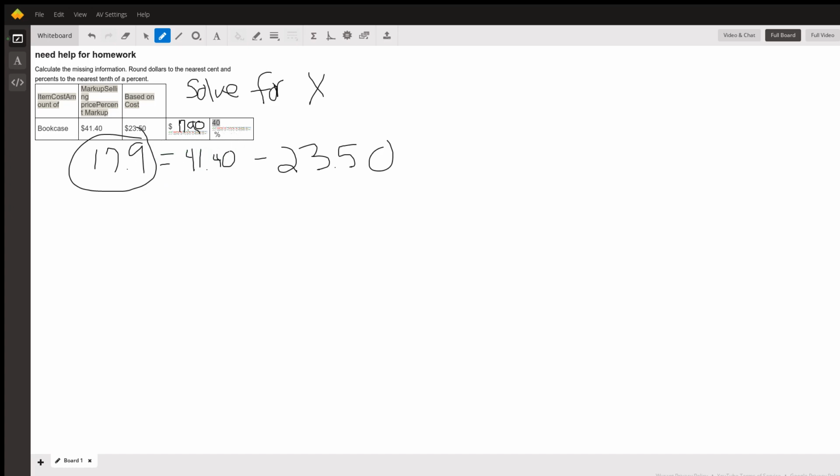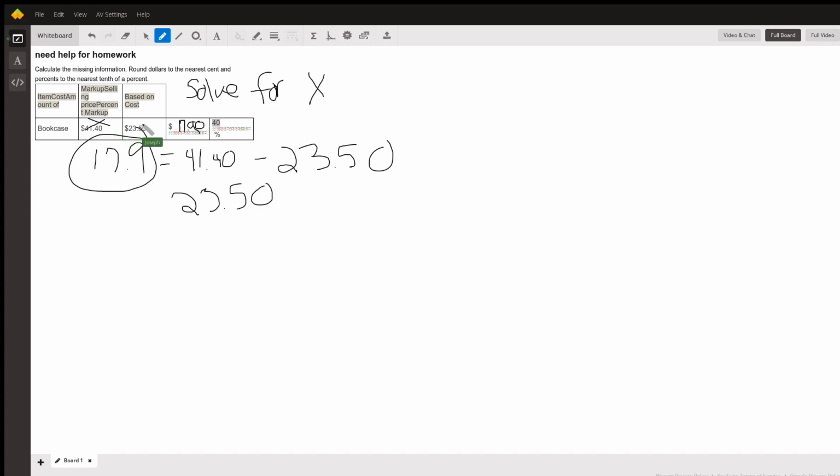To help you better understand that concept, really not a concept, it's absolute, really. Let's take a step back. In order to find what 40% of 2350 is, not 40% of 4140, which is the final price.